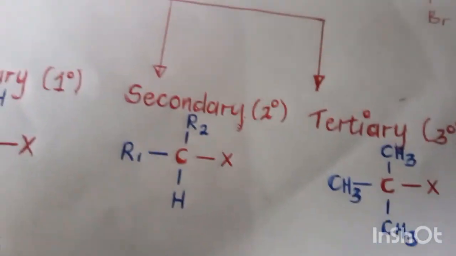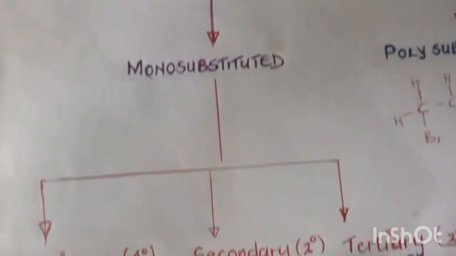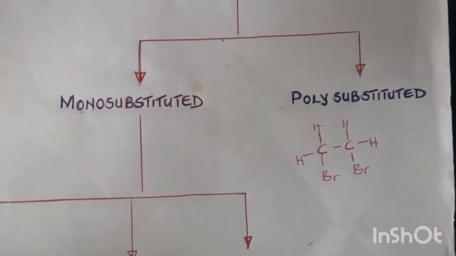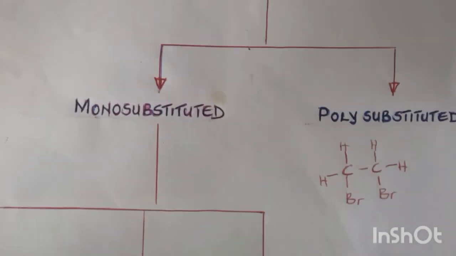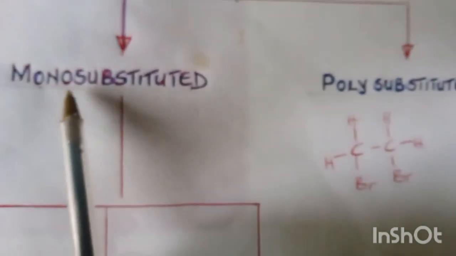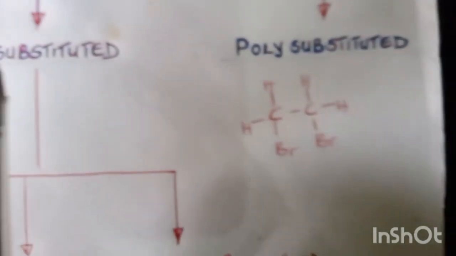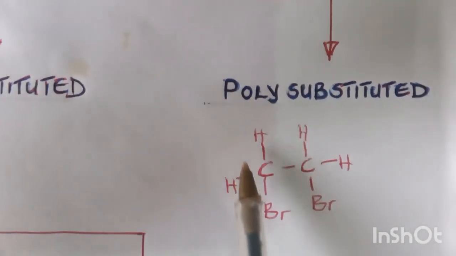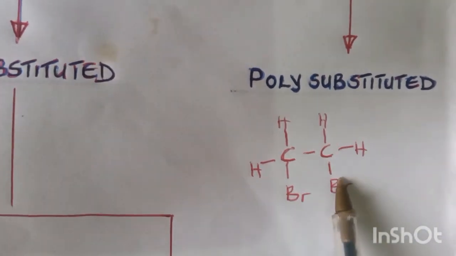So that's how we classify haloalkanes. We classify them first by the number of halogen atoms present in one molecule of the haloalkane, to have monosubstituted haloalkanes, which have only one halogen atom in their molecules, and polysubstituted haloalkanes, which have two or more halogen atoms in their molecules.